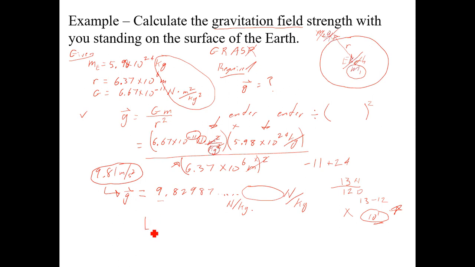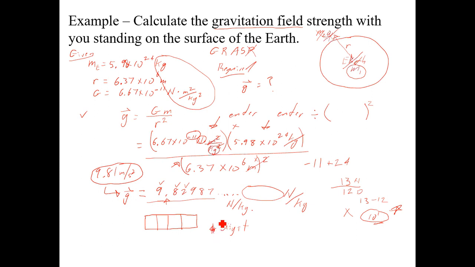For questions on quizzes and exams, this might be a numerical response question where you have 4 boxes, and they might say record your 4-digit answer. So you need to get the right answer, you need to round it correctly, and you need to fill in these boxes correctly. So 9 is a digit, 8 is a digit, 2 is a digit. Decimal is not a digit.